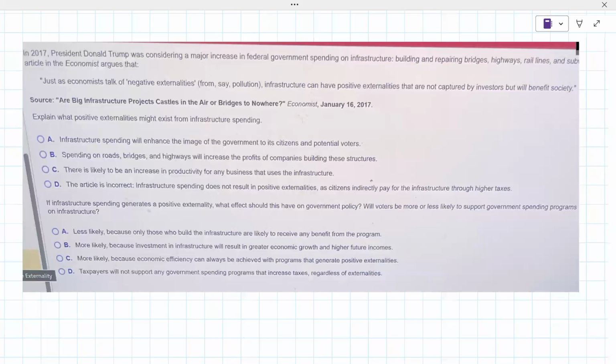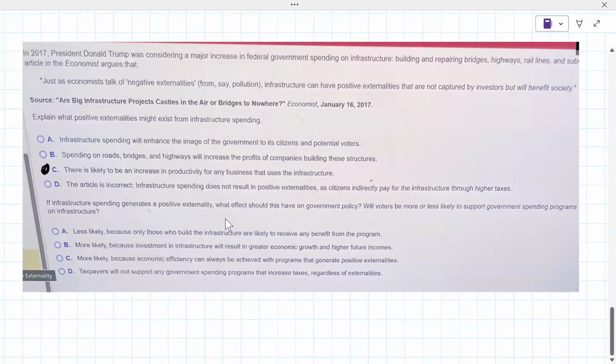Let's see. Okay, so that's sort of the direction I'm seeing here still, that it does help the businesses.